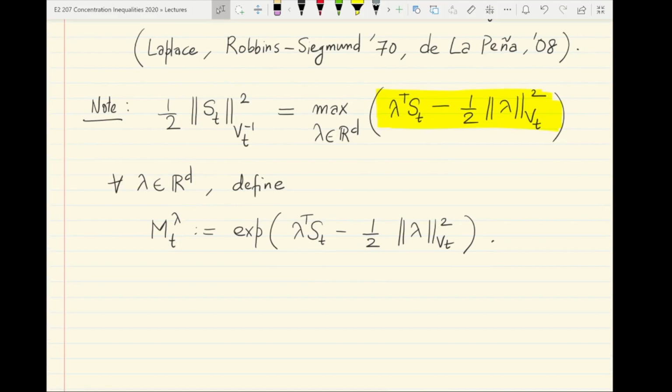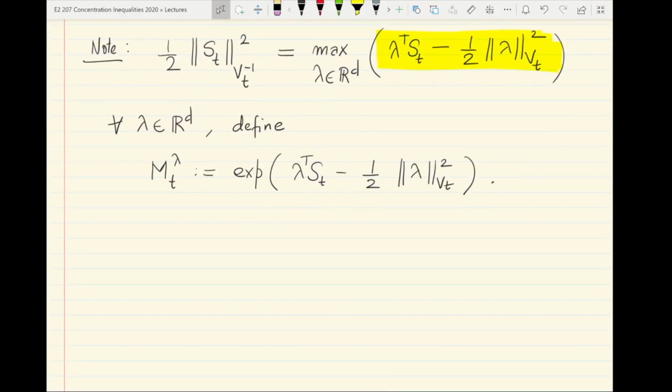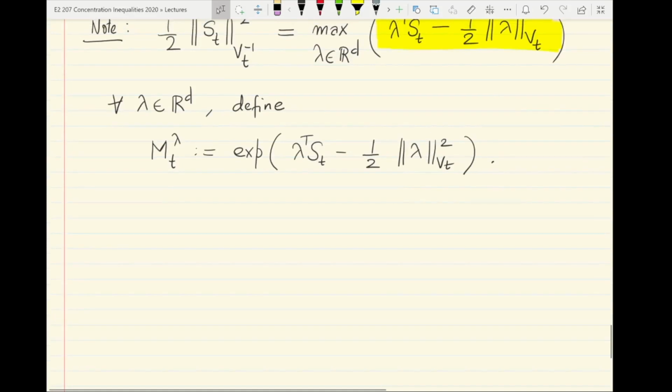Right. So this M_t(lambda), if you think of lambda as fixed and t evolving in time, forms a stochastic process M_1(lambda), M_2(lambda), M_3(lambda), and so on. And this is the key claim that allows us to do something useful with this process.